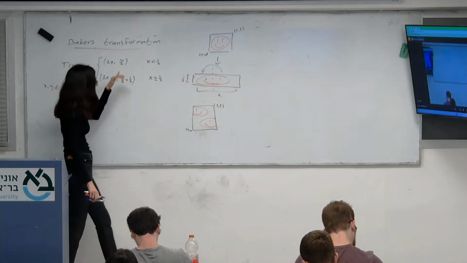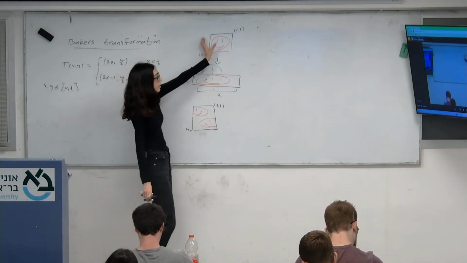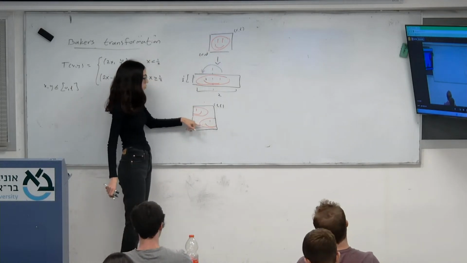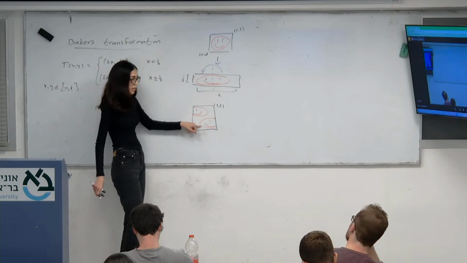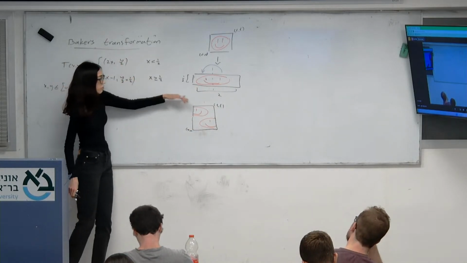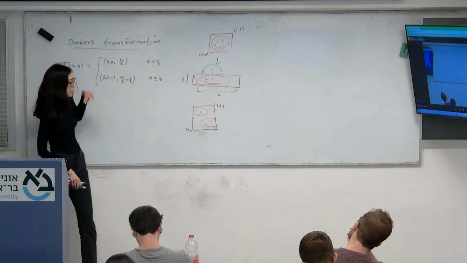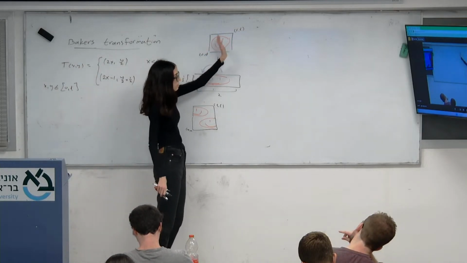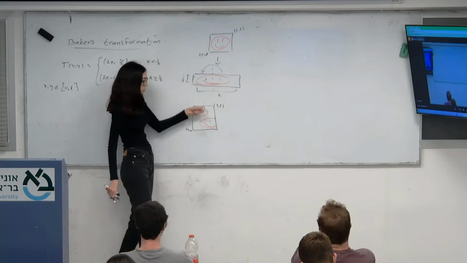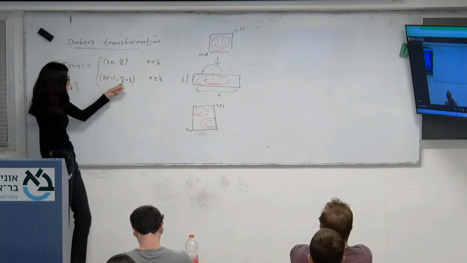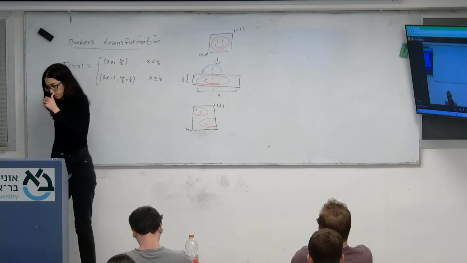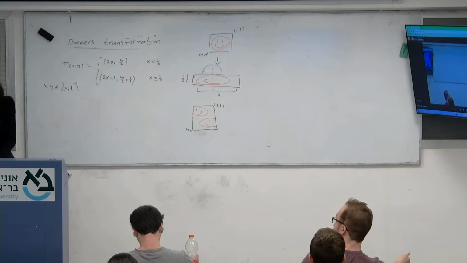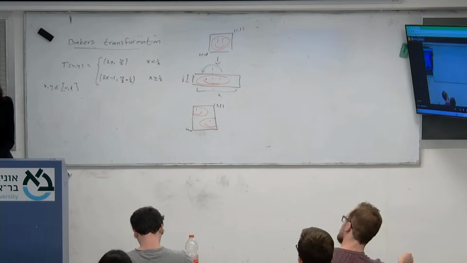All of the points that were on that part of the original square went to the bottom half, so y just shrinks to half and x goes to 2x, and everything on the other half of the original square went to the upper part. So therefore you have that shift. And applying it an infinite number of times will give us mixing.